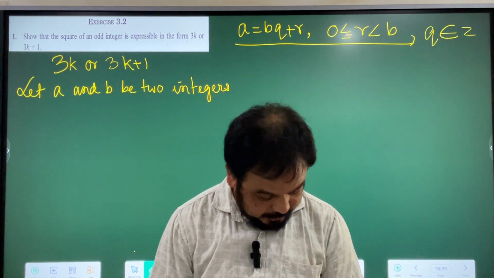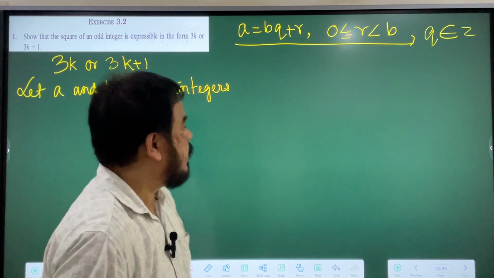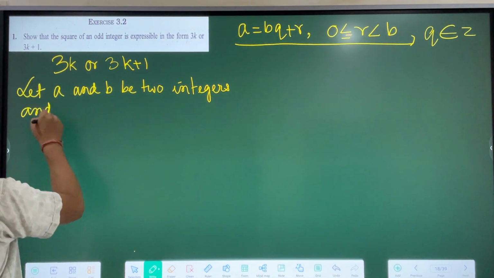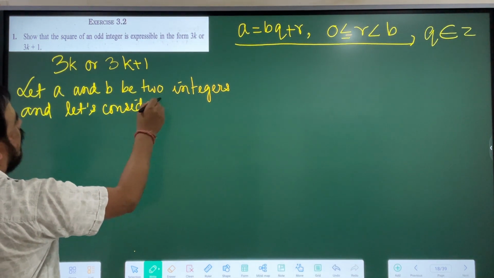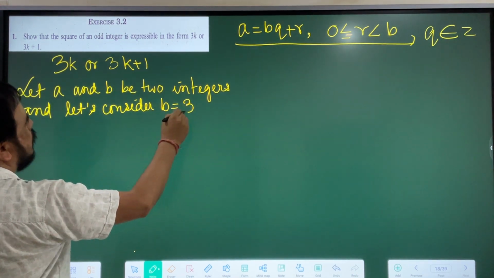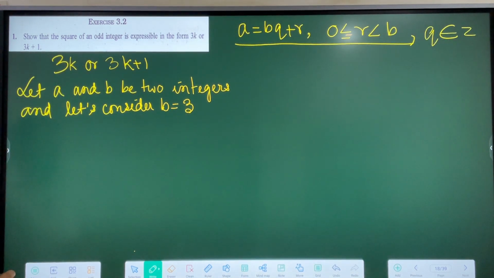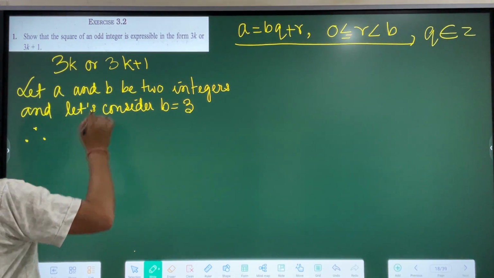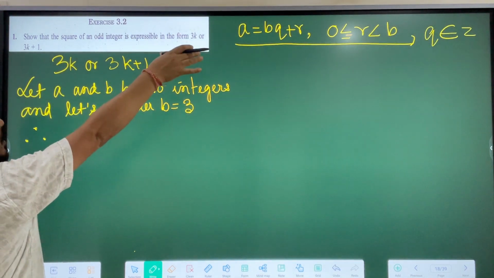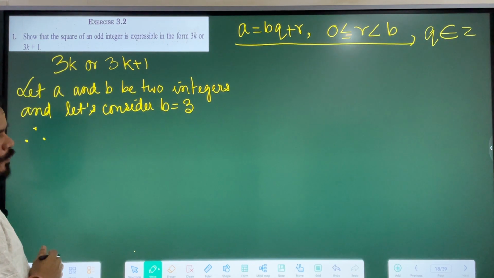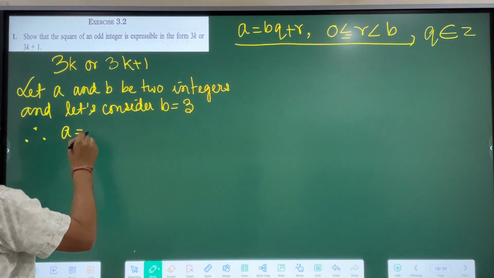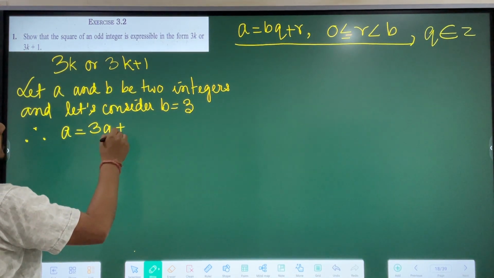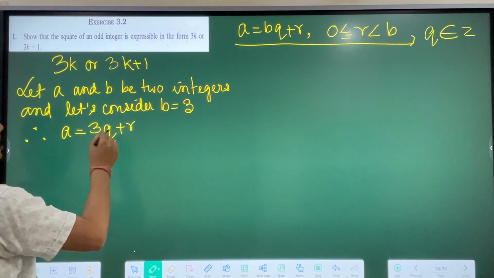And let's consider b is equal to 3, because 3k is there. b we are taking as 3. So therefore these two we will have to write again. This is the general form for the division algorithm. So since we have taken b equals 3, we will write now a is equal to 3q plus r. b is 3, so bq will be 3q.